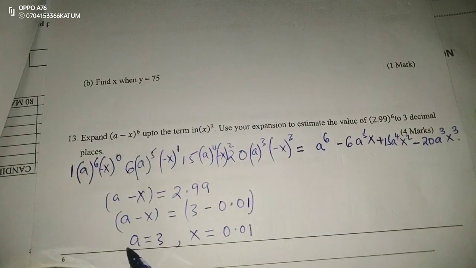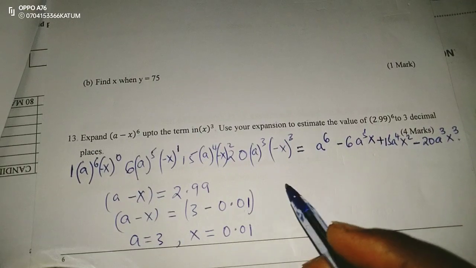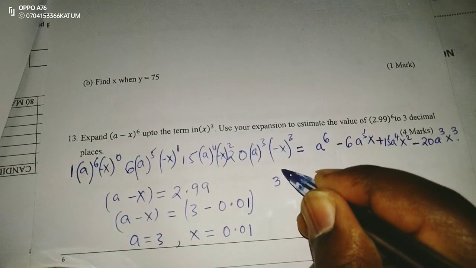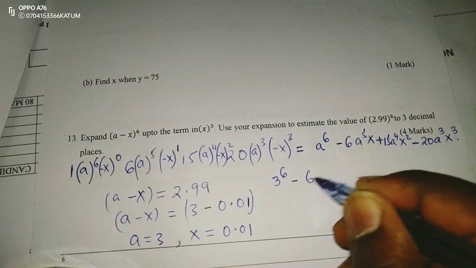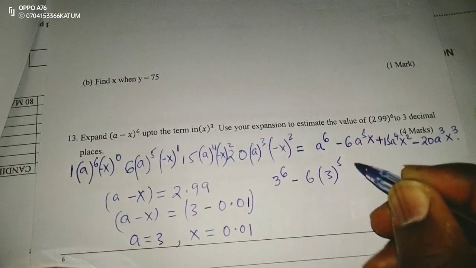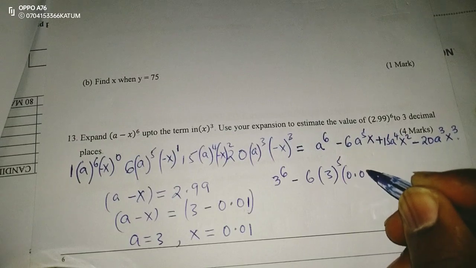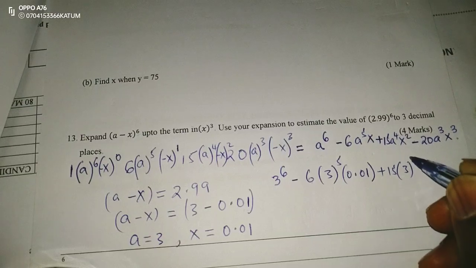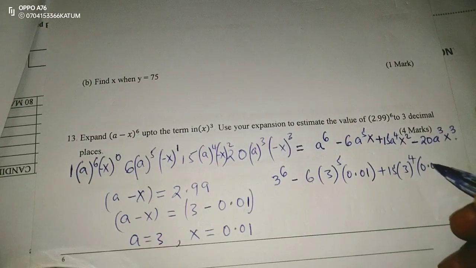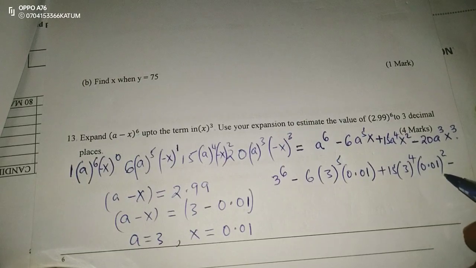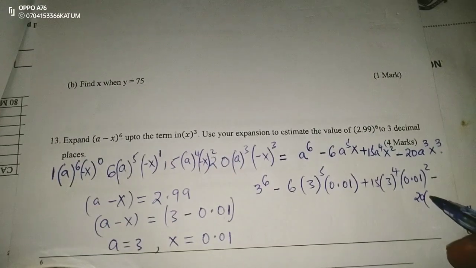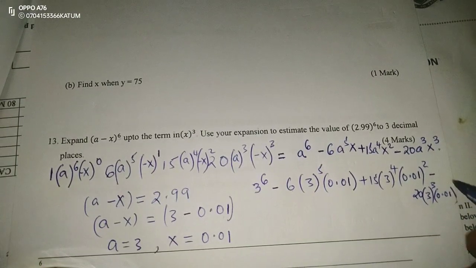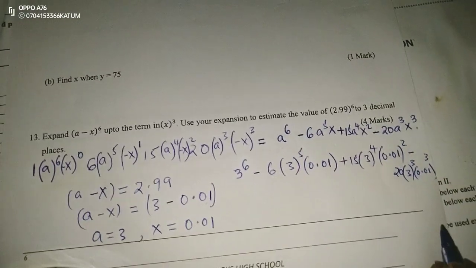Therefore, now we can replace a with 3 and x with 0.01, so that now our expanded form here becomes 3 raised to power 6, then minus 6 into 3 raised to power 5 and 0.01, then plus 15 and 3 raised to power 4, and 0.01 being squared, then finally minus 20, 3 raised to power 3, and 0.01 raised to power 3.